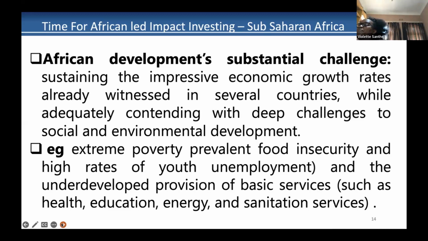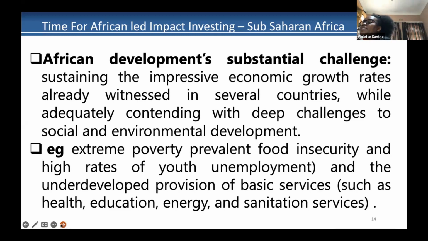On the economic growth front, we've noted that since the advent of COVID-19, there's been slow growth of 3.6% in 2022, and 4.1% in 2021, 3.1% in 2023.